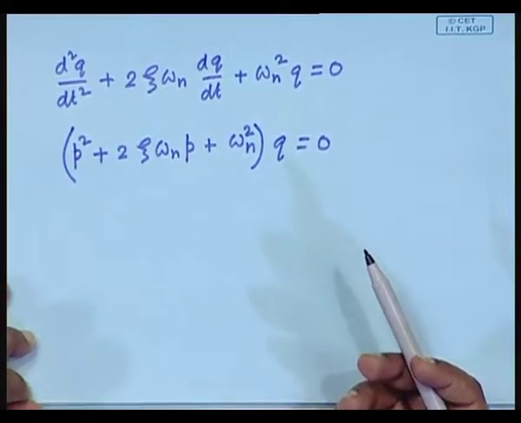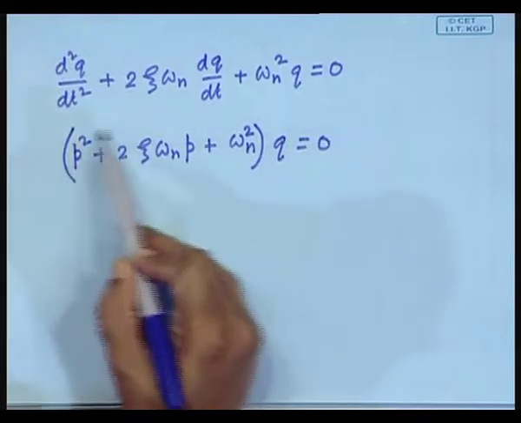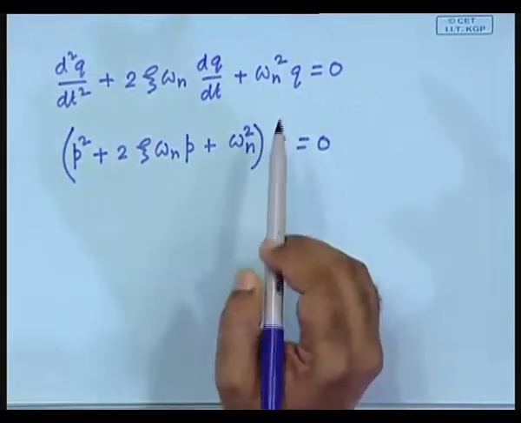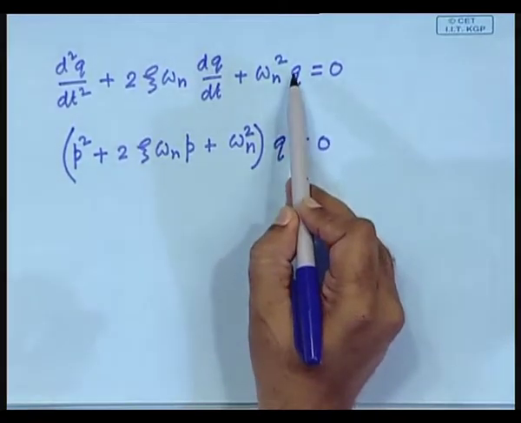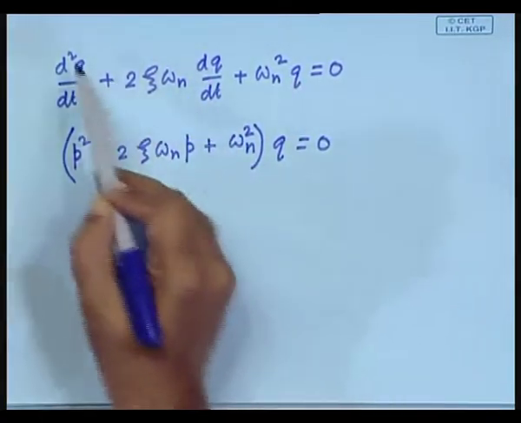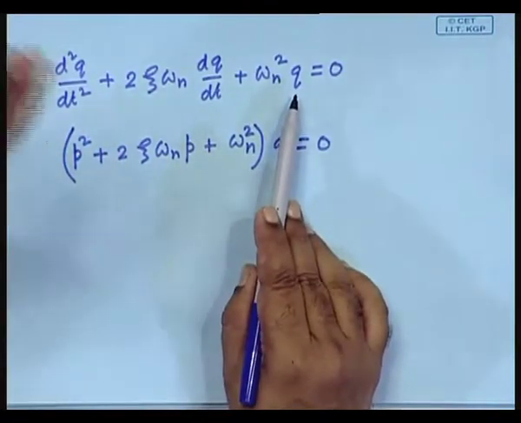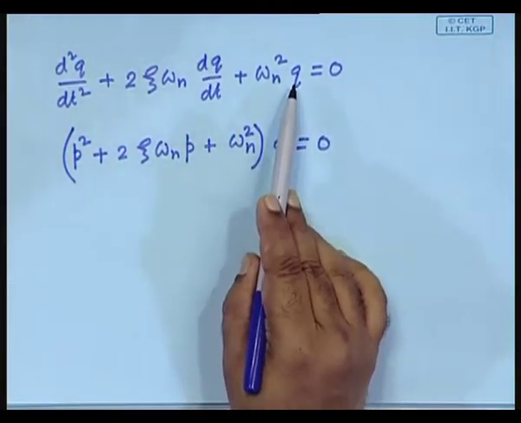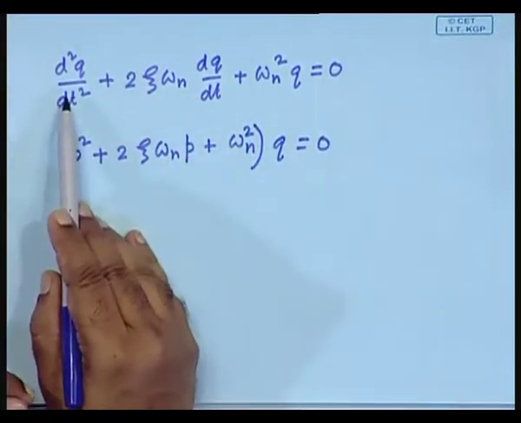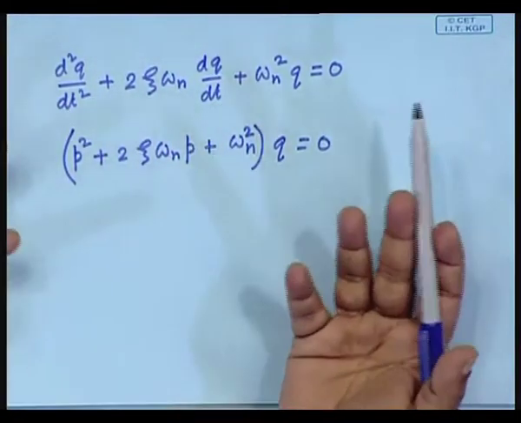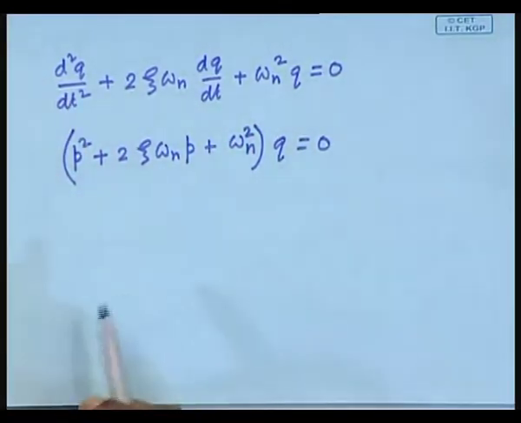The reason is that after all you are trying to solve an equation like this. Notice that it is a combination of q, the derivative of q and the double derivative of q. So something whose derivative plus the double derivative with some coefficients should yield 0, and therefore this and that must have the same form, otherwise this cannot happen.